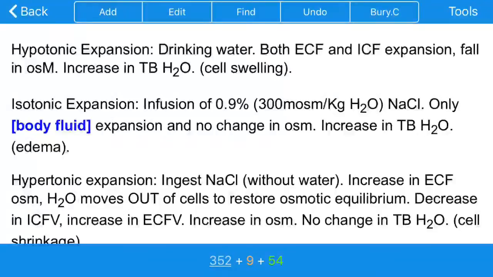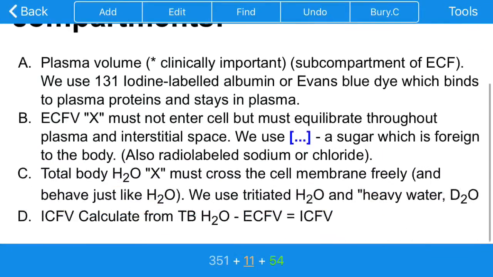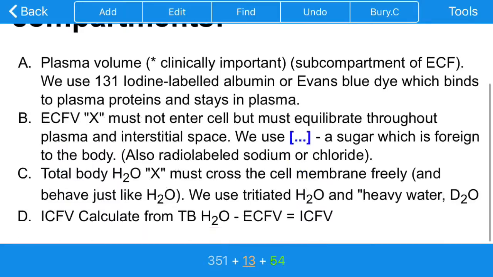Yes. Extracellular fluid. Yes. 5 minutes. Yeah, I know. Integrity, right? Okay, 1 minute. Okay, ECF, extracellular fluid volume. X must not enter the cell, but must equilibrate throughout the plasma and interstitial space. We use inulin, a sugar which is foreign to the body.